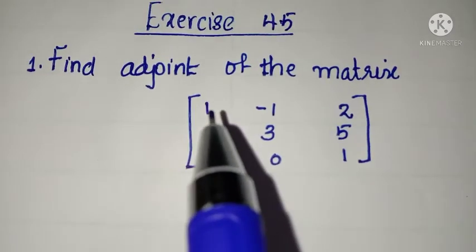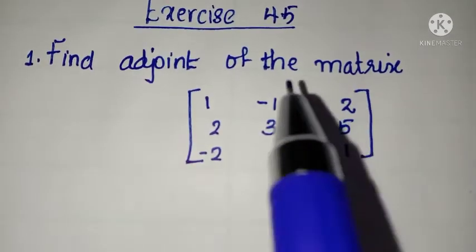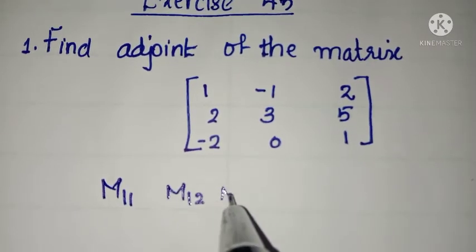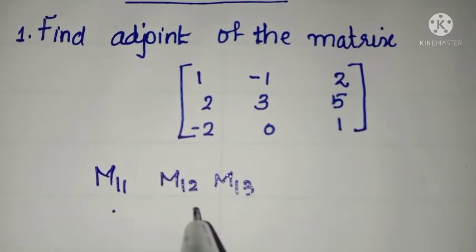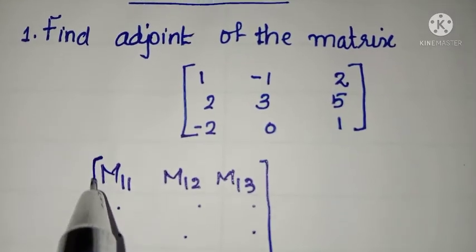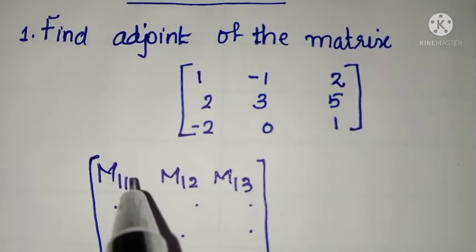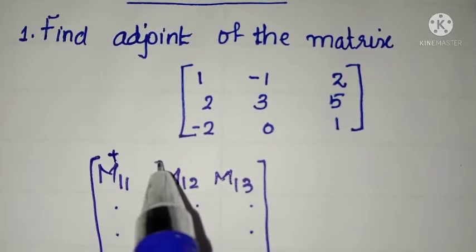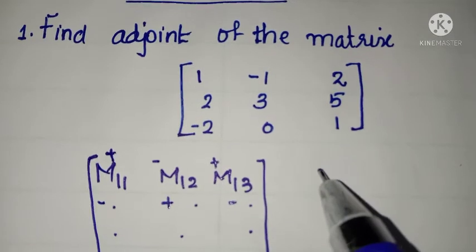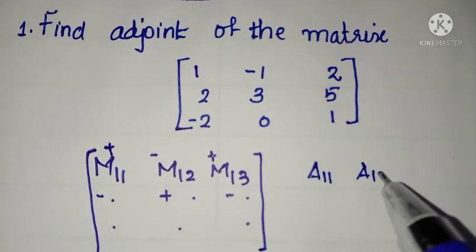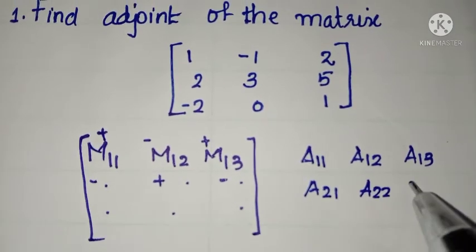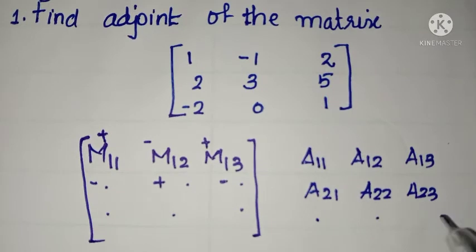To obtain the minor matrix, we find M11, M12, M13, M21, M22, M23, M31, M32, M33. This matrix is known as the minor matrix, and we assign positive and negative signs alternately to these entries. We get the cofactor matrix A11, A12, A13, A21, A22, A23, A31, A32, A33.